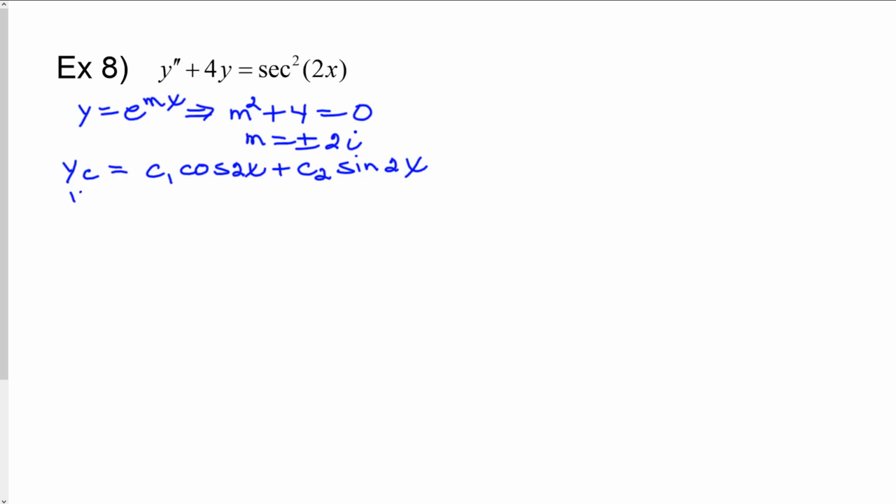We're going to assume the solution to the non-homogeneous part is some function of x, we'll call v sub 1 times cosine 2x, plus some function of x we'll call v sub 2 times sine 2x.